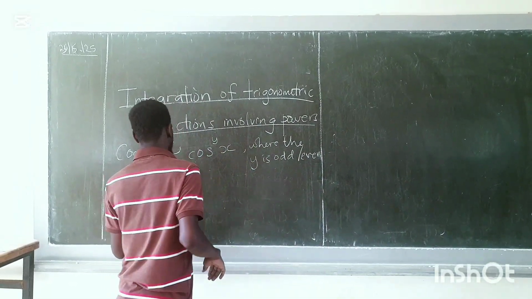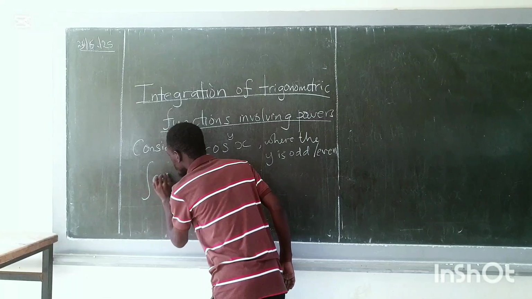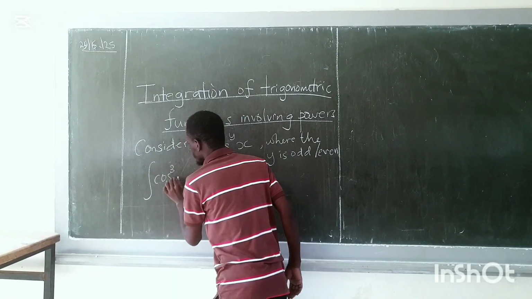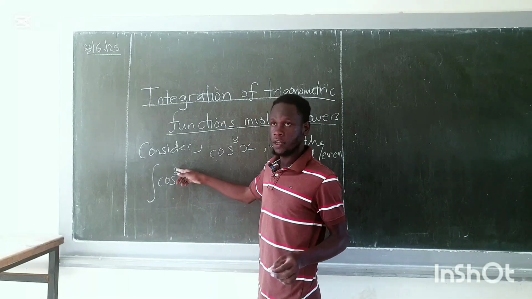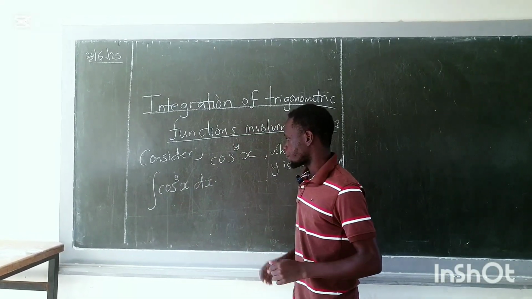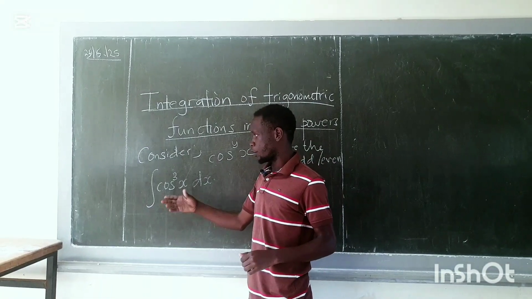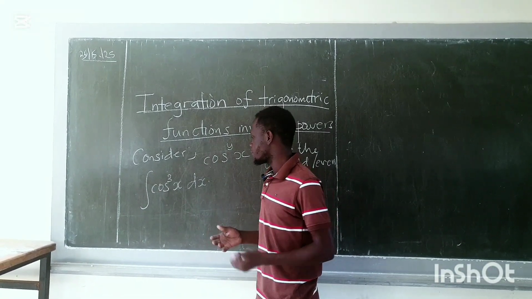So consider our integral to be cos^3 x. Now our y is 3. I'm using cos, but it can also be a sine, basing on the problem presented.